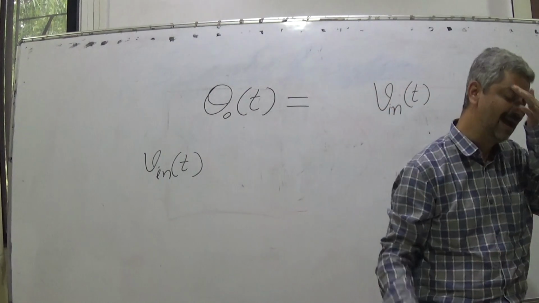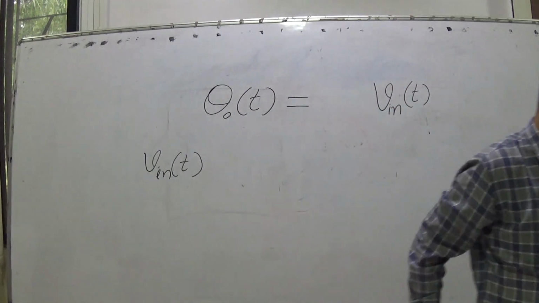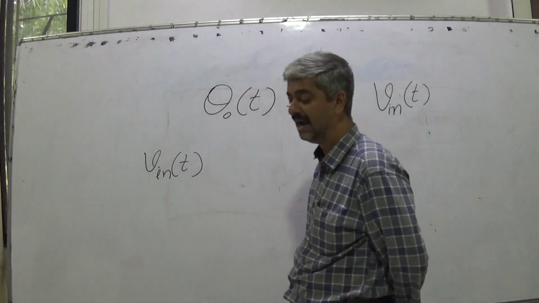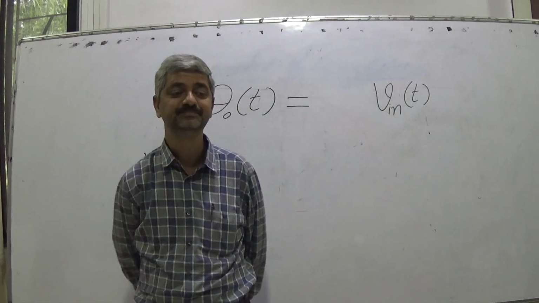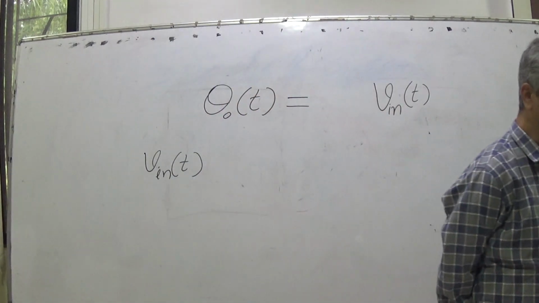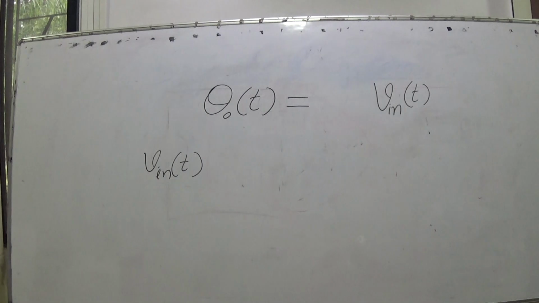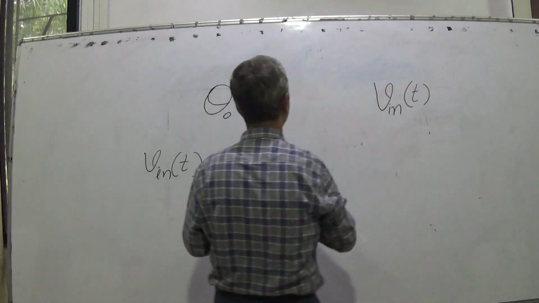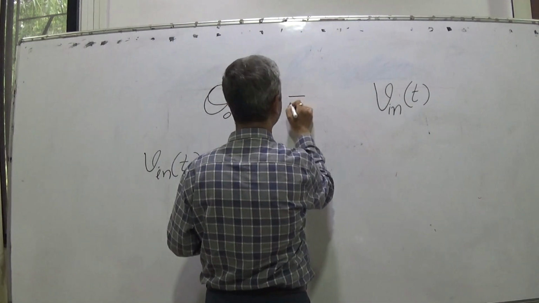So theta O T is equal to, how have I adjusted it? I have adjusted it such that for 4.5 volts it results into 45 degrees. So what is the constant of proportionality? Constant of proportionality here is 10.